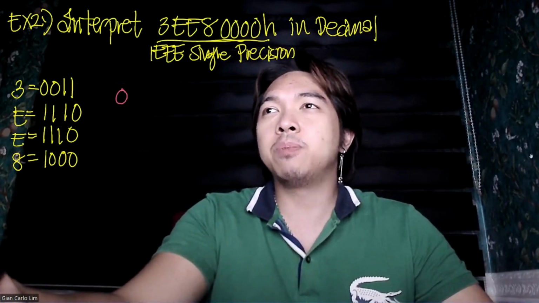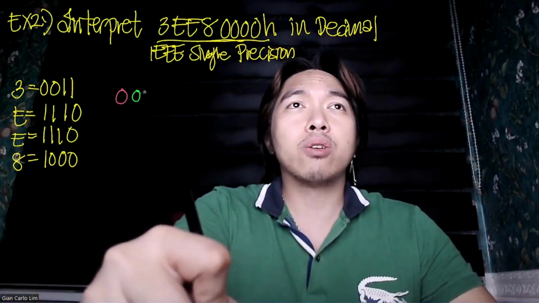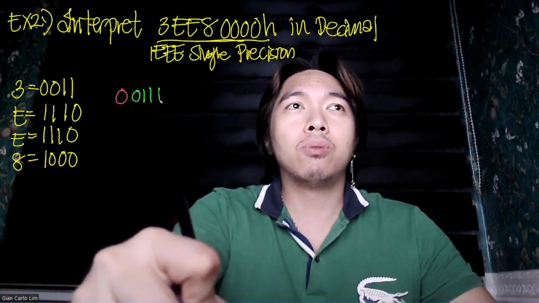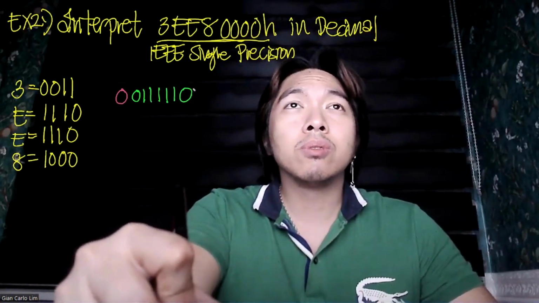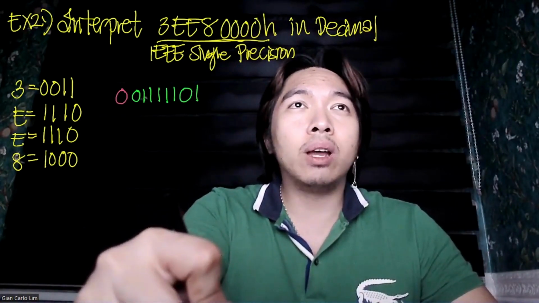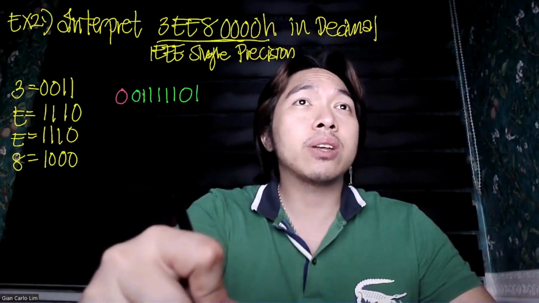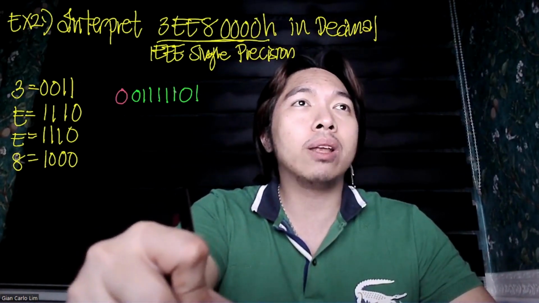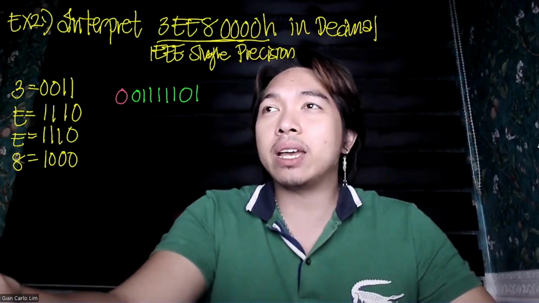And then for exponent, ito, 0, 1, 1, 1, 1, 1, 0, 1. Okay, so 8. 1, 2, 3, 4, 5, 6, 7, 8. 0, 0, 1, 1, 1, 1, 1, 0, 1, 1, 1, 0 again.